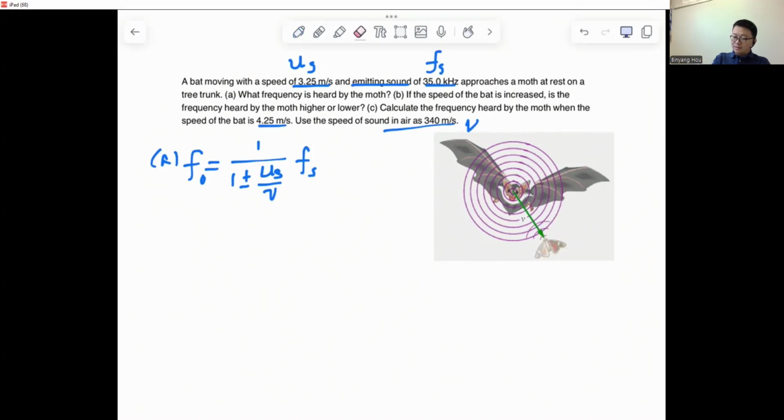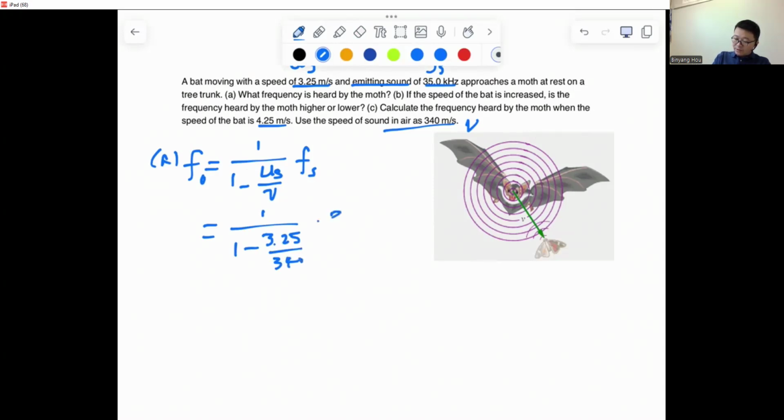We plug in our numbers: 1 over 1 minus 3.25 over 340, times 35.0 kilohertz. You can keep the kilohertz, so the answer will be in kilohertz.